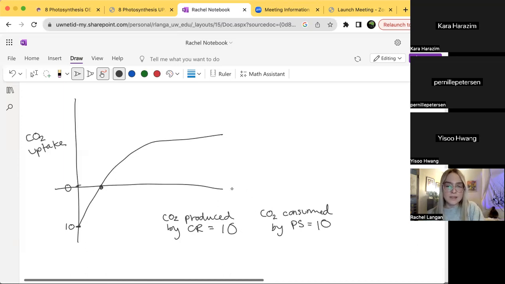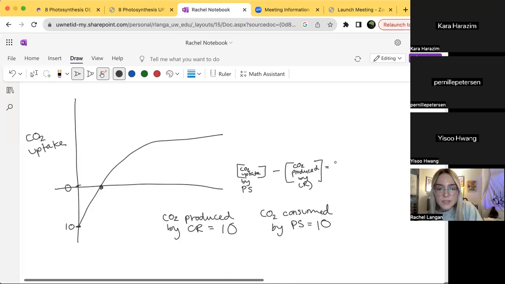So from that, we could get the equation of the magnitude of CO2 uptake by photosynthesis minus the magnitude of CO2 produced by cellular respiration equals the net photosynthesis.